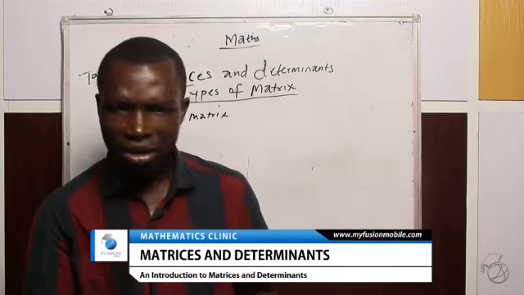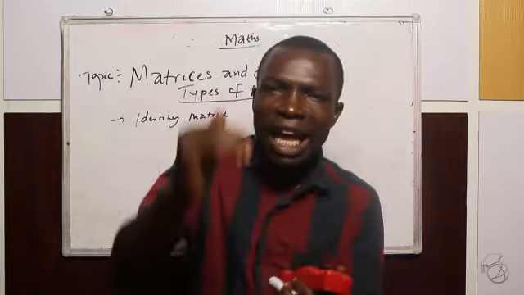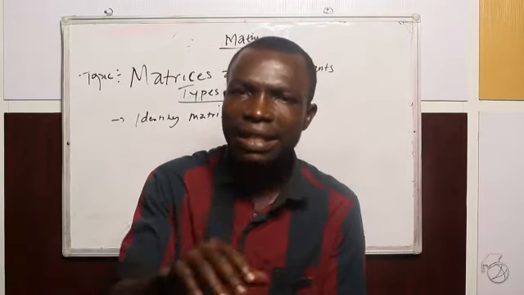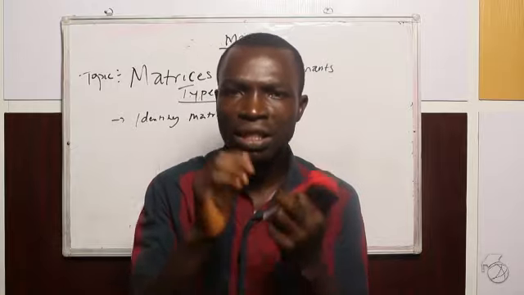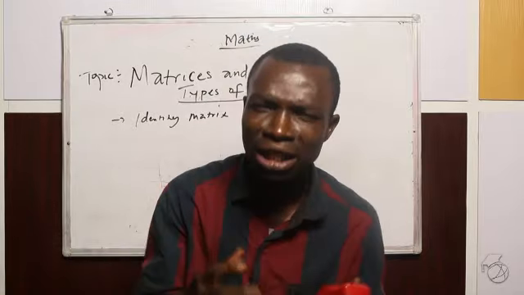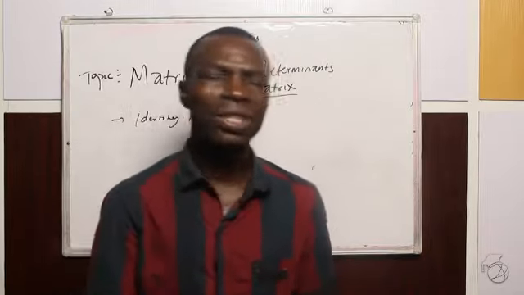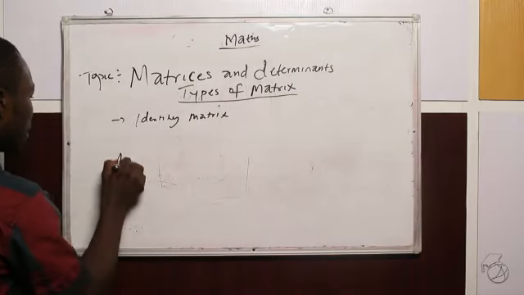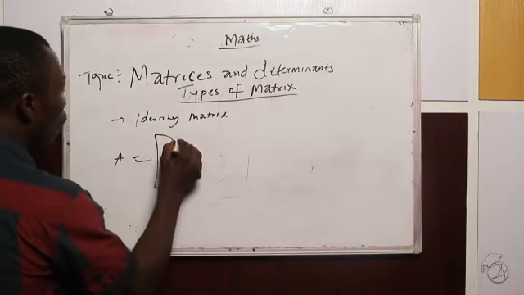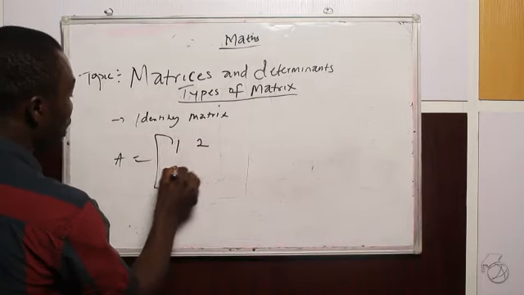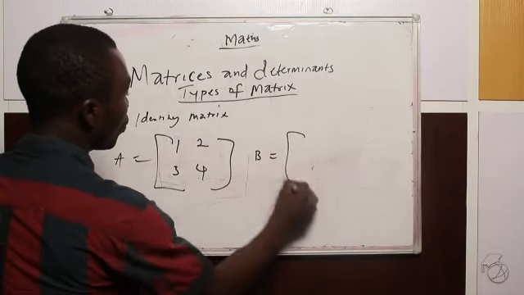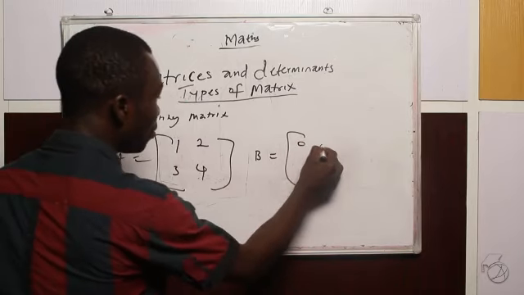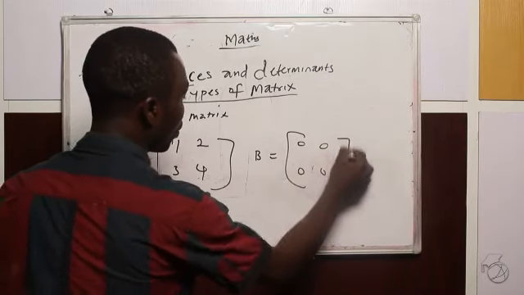The arrangement of the elements inside the matrix, no matter the operation in terms of addition, doesn't change the value. Let me give you this example. Consider matrix A, where you have 1, 2, 3, 4, and B is equal to 0, 0, 0, 0.